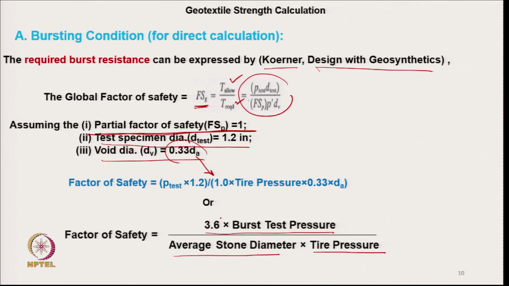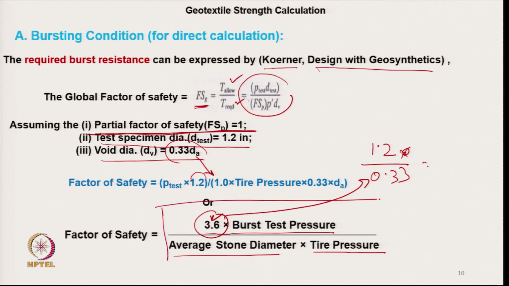This 3.6 came from 1.2 divided by 0.33, which comes out to be 3.6. So, we can use this formula directly to calculate the factor of safety.